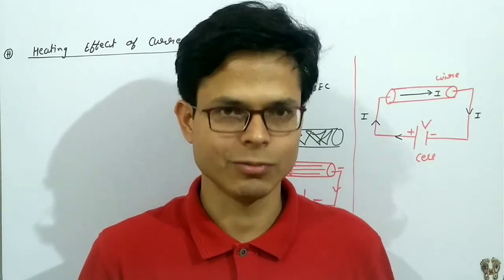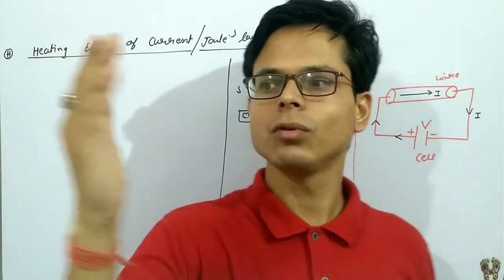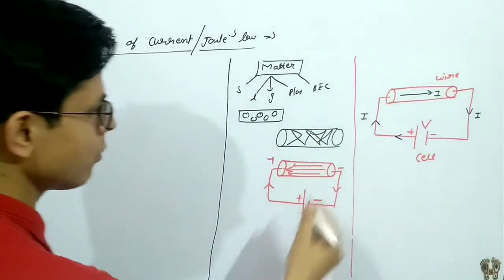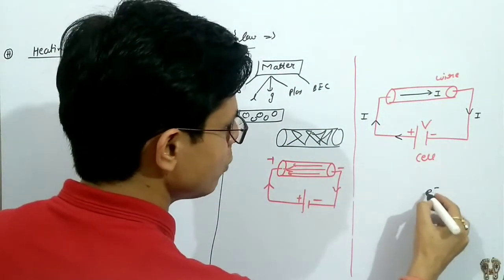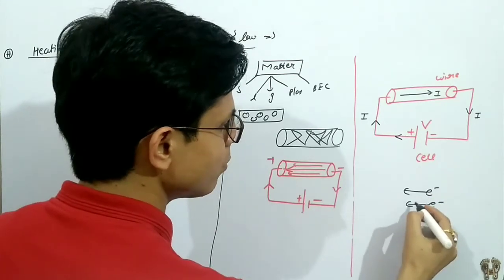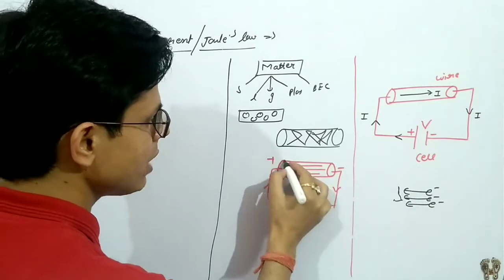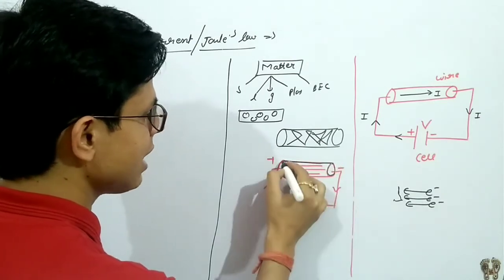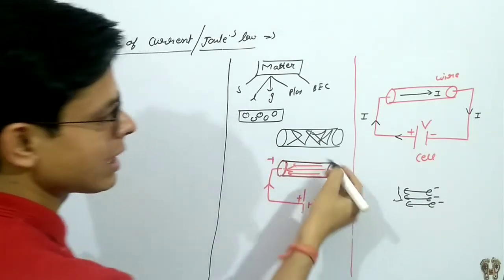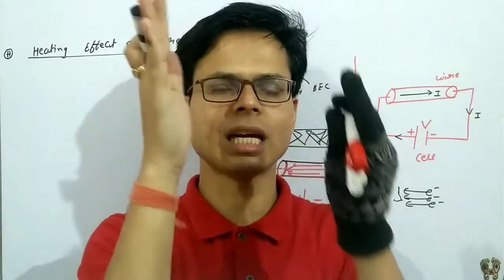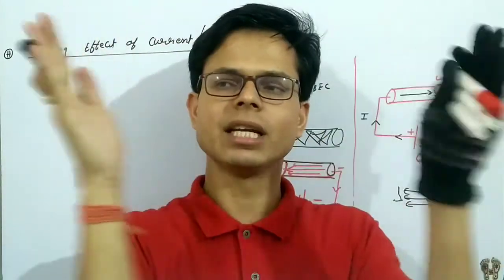This is the cause. What is the cause? When current flows through a wire, the free electrons move, and when they move through a small region, they collide with each other and also with the atoms. During that collision, when two things hit, there is a sharing of energy.